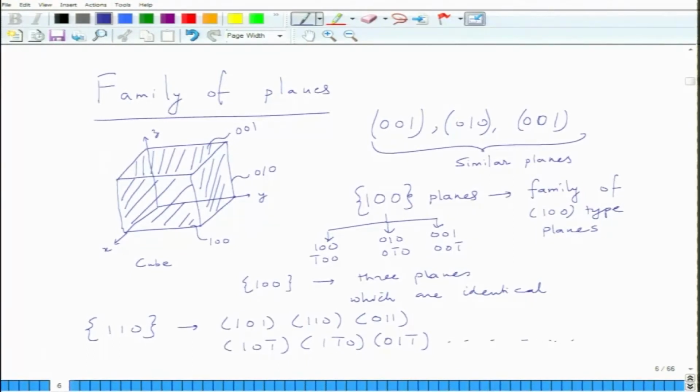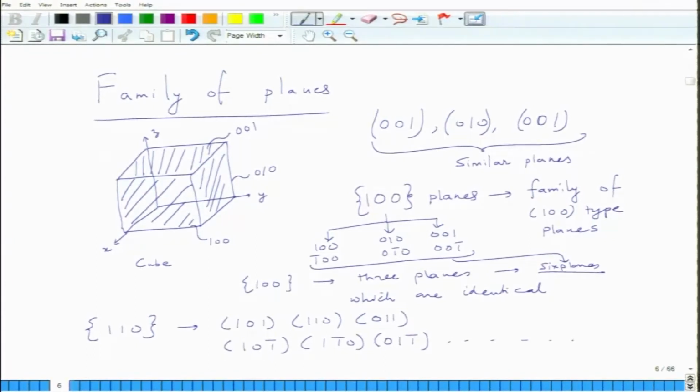So, these are called a family of planes, and if you look at the number of planes here, this is called the multiplicity of the planes. So, in a cubic system, if you look at just 1 0 0 type, it is 6 planes, crystallographically speaking, if you include the negatives into account. Okay.